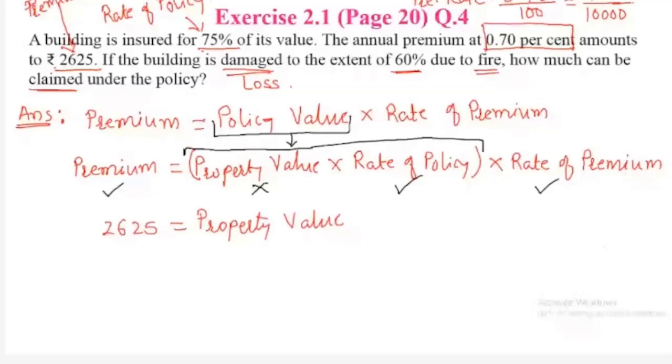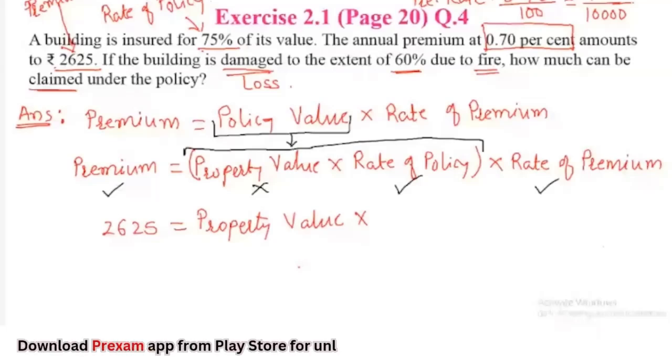Afterwards, we are going to calculate loss. For loss, we'll require property value. So anyway, you have to calculate property value into rate of policy. If you want, you can calculate first the policy value and then the property value in two steps. What is rate of policy?